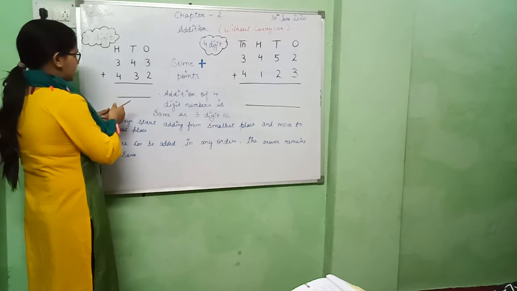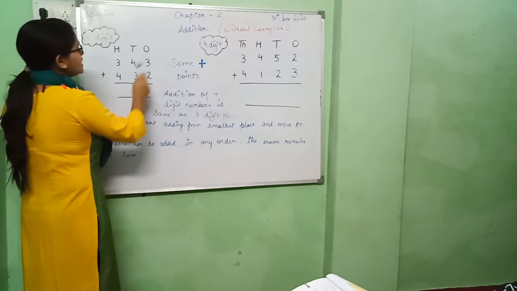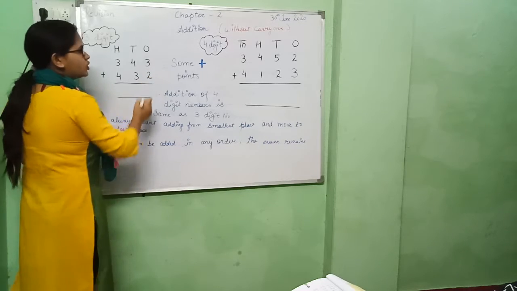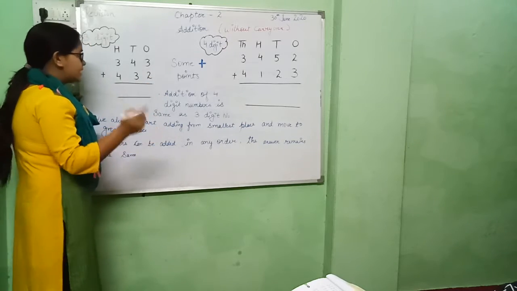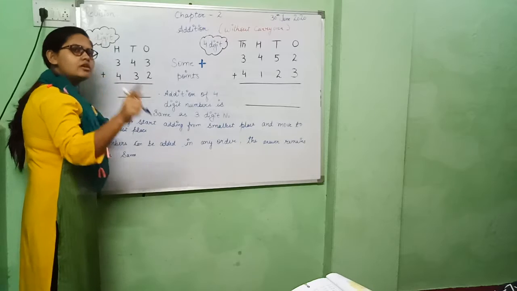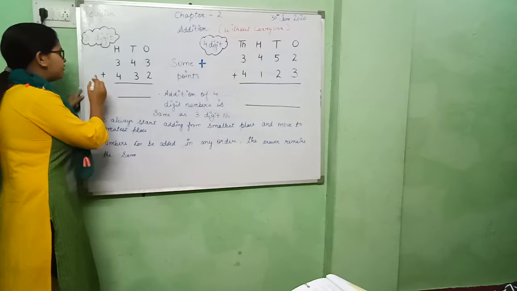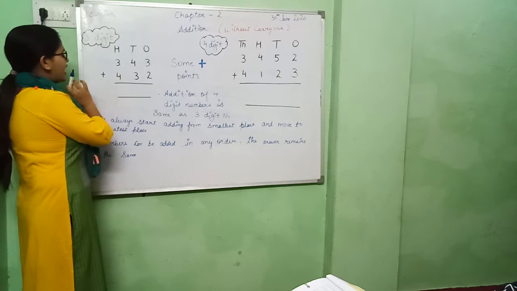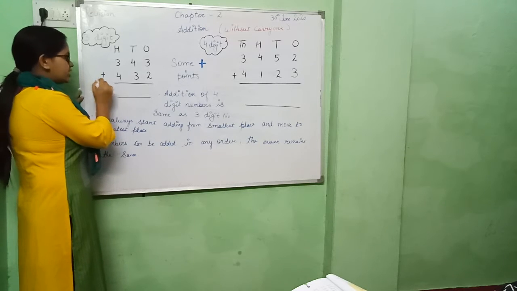So you can see here there is 3 and there is 2. When we add them, and yes, one more thing: never forget to write the sign. If there is minus, you have to write the minus sign. If we have addition, we have to write addition here.